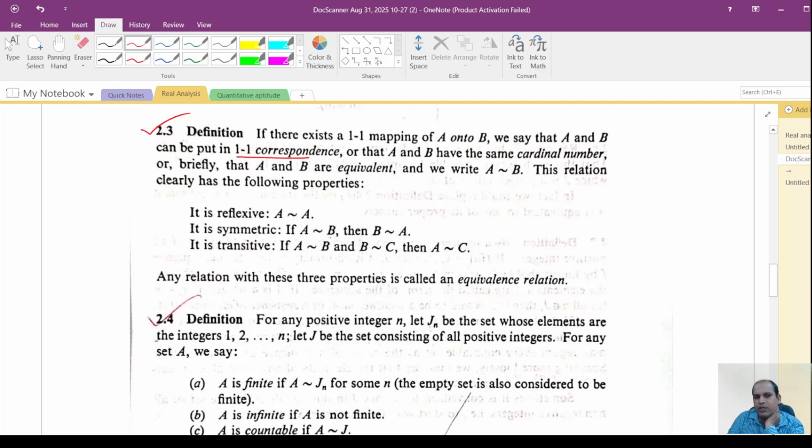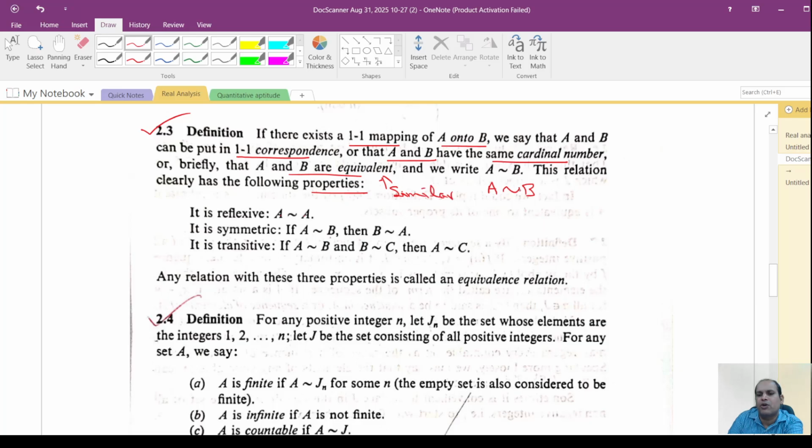As per definition, if there exists a 1-1 mapping of A onto B, we say that A and B can be put in 1-1 correspondence, or that A and B have the same cardinal number, or briefly that A and B are equivalent, and in that case we write A is equivalent to B, or A is similar to B, if there exists at least one bijective map between A and B. This relation clearly has the following properties. In some books you will find the word similar set.